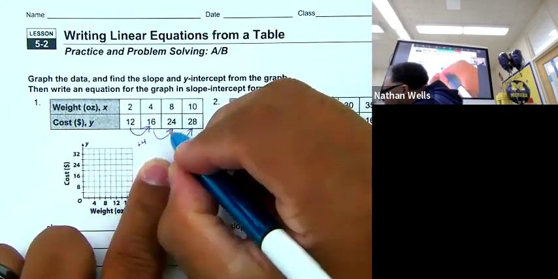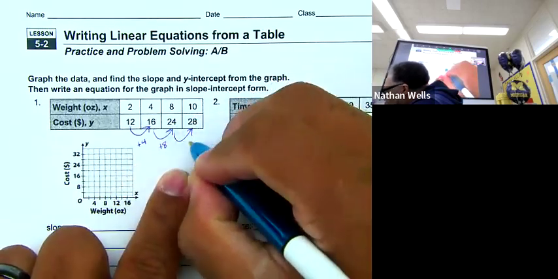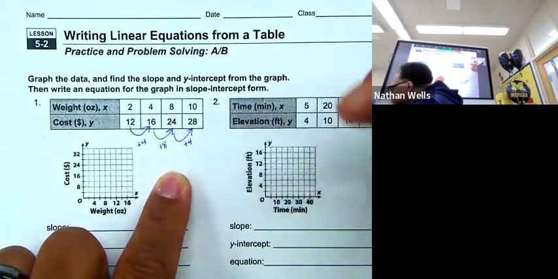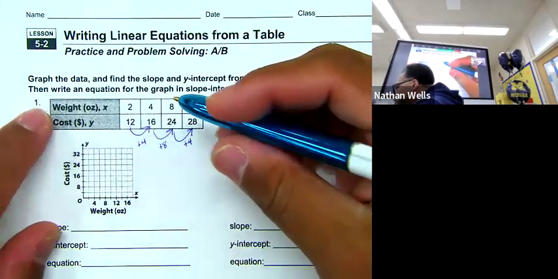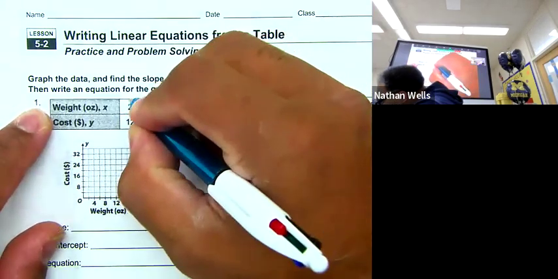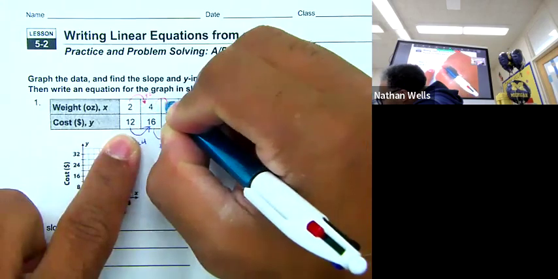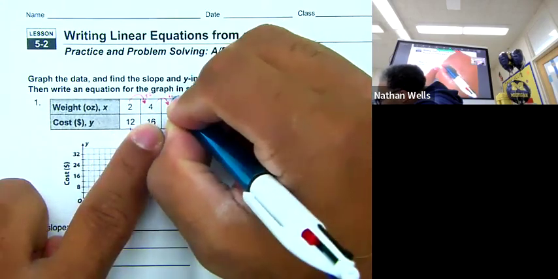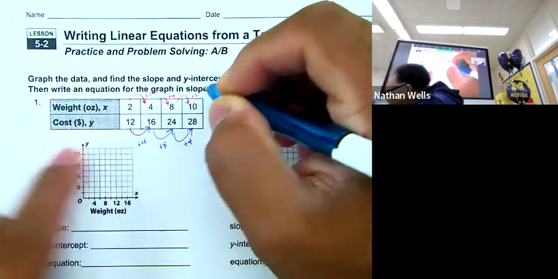From 16 to 24 is +8. And from 24 to 28 is +4. I need to do the same thing, find the rate of change for my x values. To go from 2 to 4 is +2. 4 to 8 is +4. And then 8 to 10 is +2.